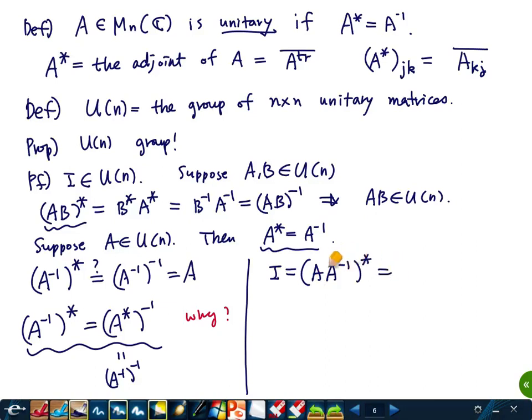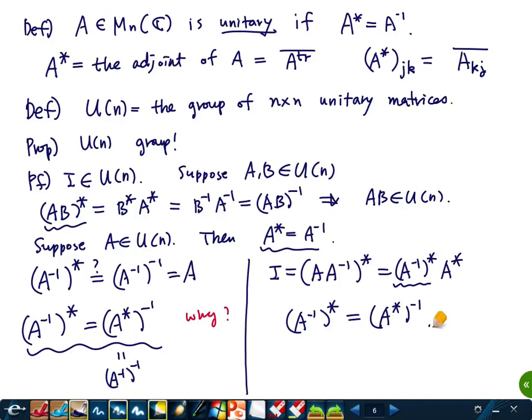Now we can put this inside like that. But what does this mean? This means this part multiplied by A star is the identity. That means (A inverse) star is equal to the inverse of A star, (A star) inverse. So that's it. So that's the proof.